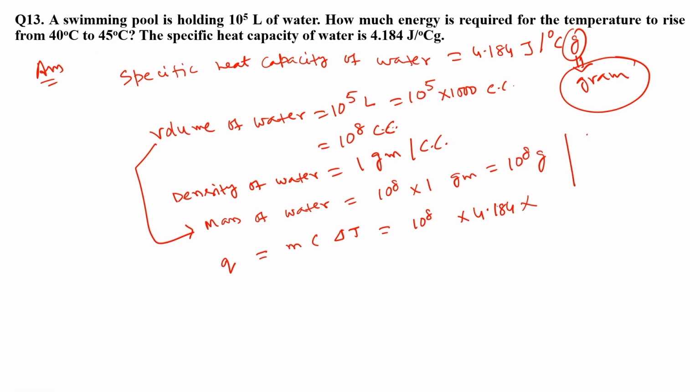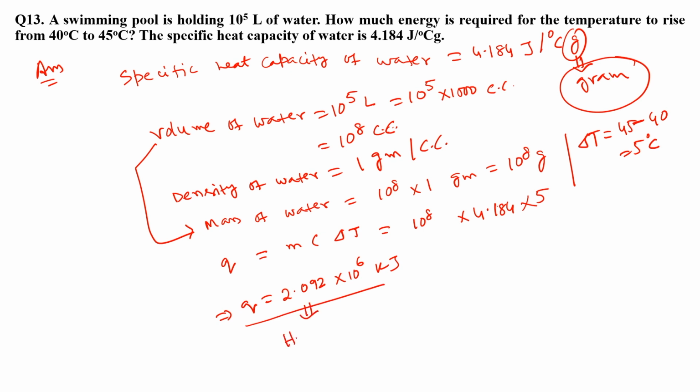So, delta T is 45 minus 40, so that gives you 5 degree. So, you get Q is 2.092 times 10 to the 6 kilojoule. So, this is the heat supplied.